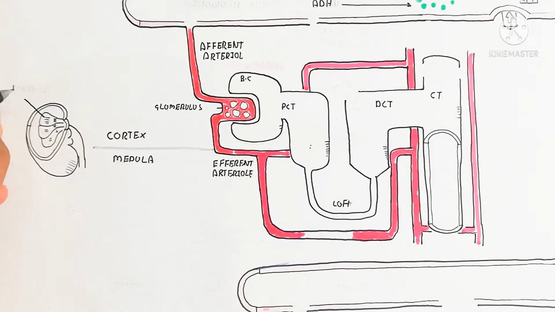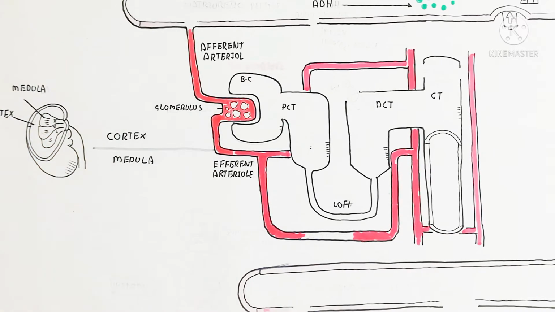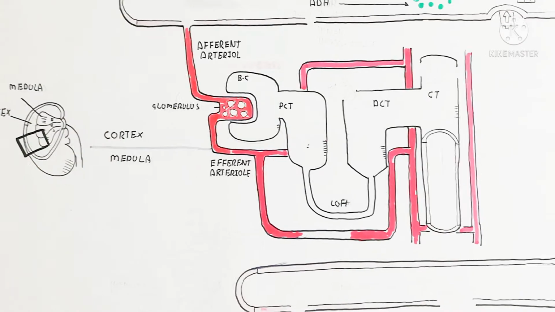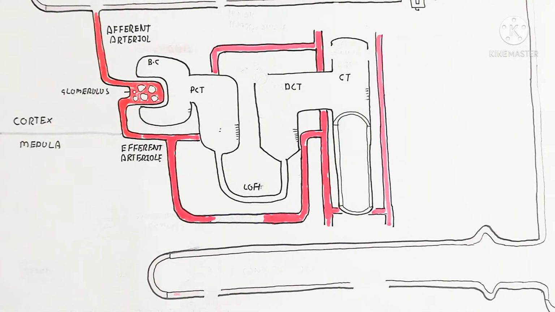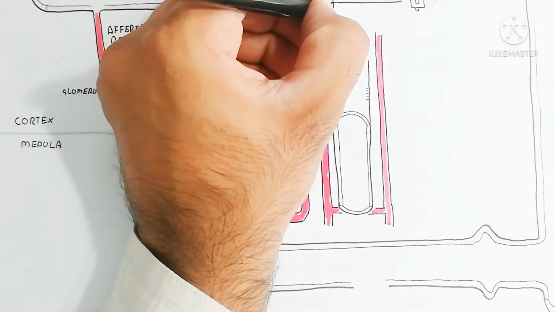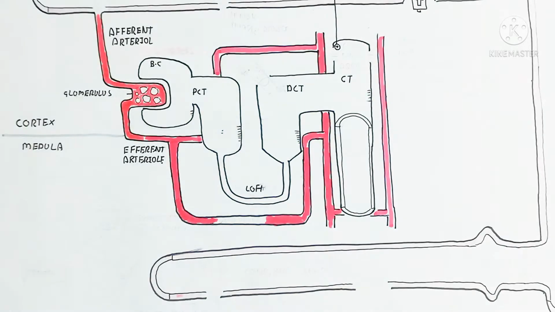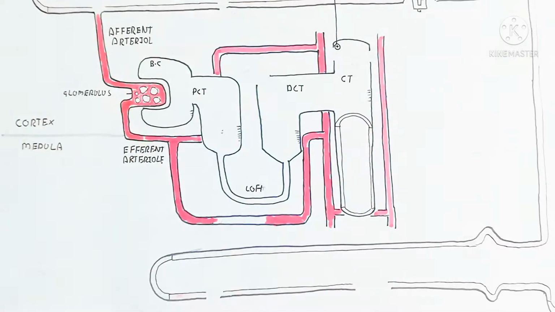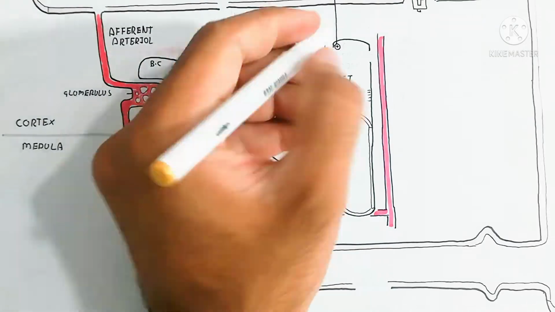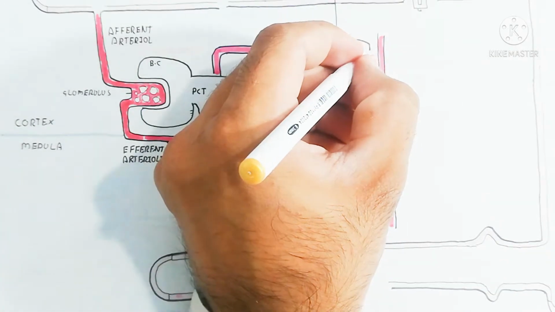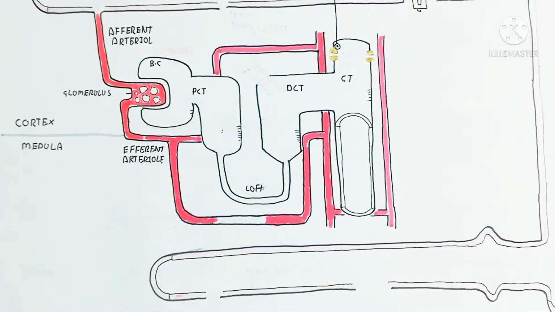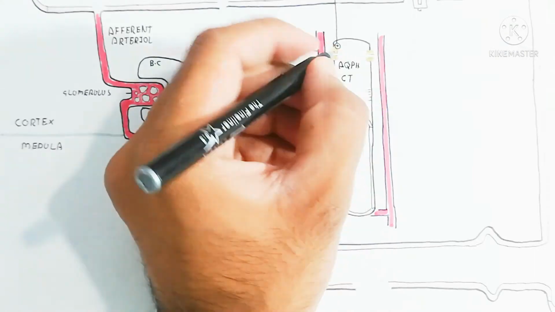So here is the kidney. Here is the cortex, whose upper part contains the glomerulus as well as the Bowman capsule, while the medulla contains the vasa recta. Here we will understand that the antidiuretic hormone moves to the collecting duct to take up water by production of aquaporin channel 2.